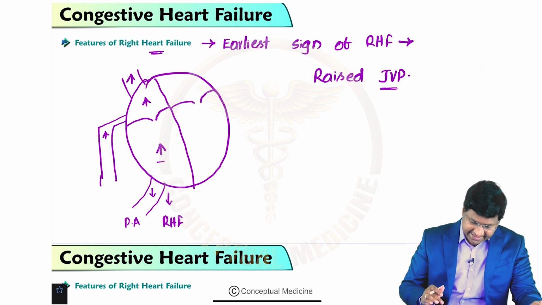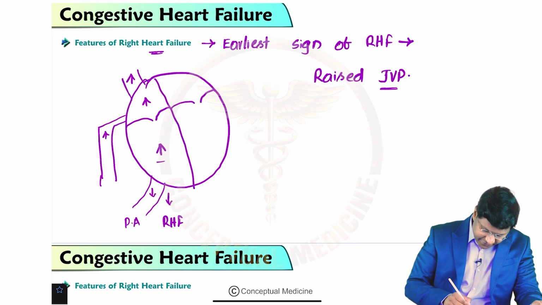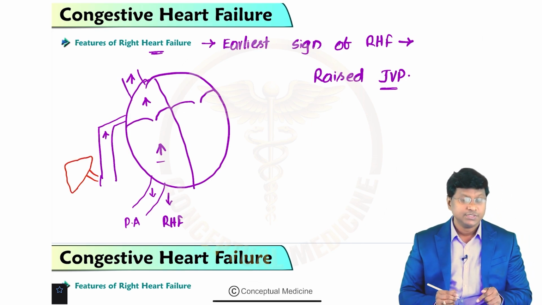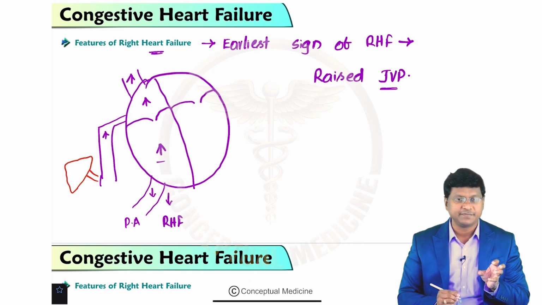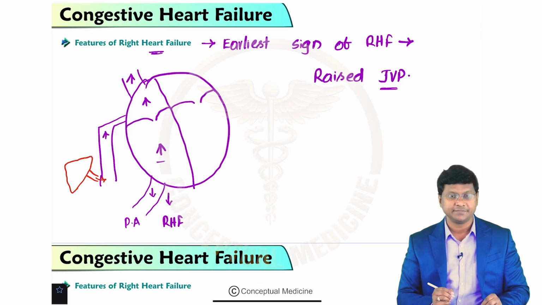sign. The other important feature is that into the inferior vena cava there is the opening of the hepatic veins. The hepatic veins take the venous blood from the liver and drain into the inferior vena cava.